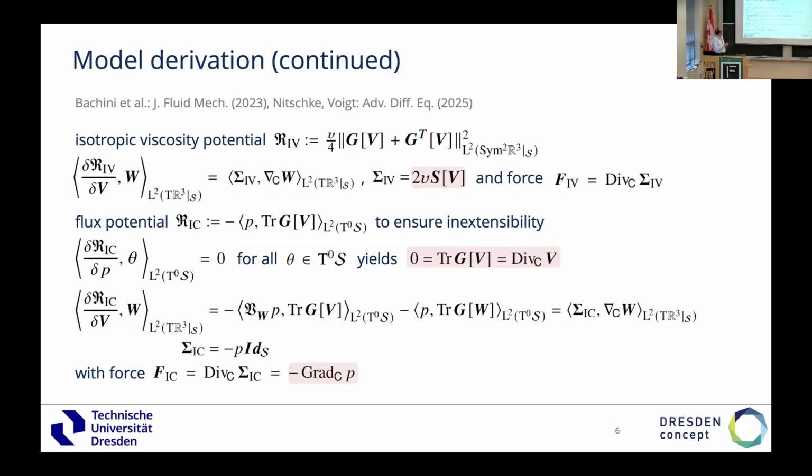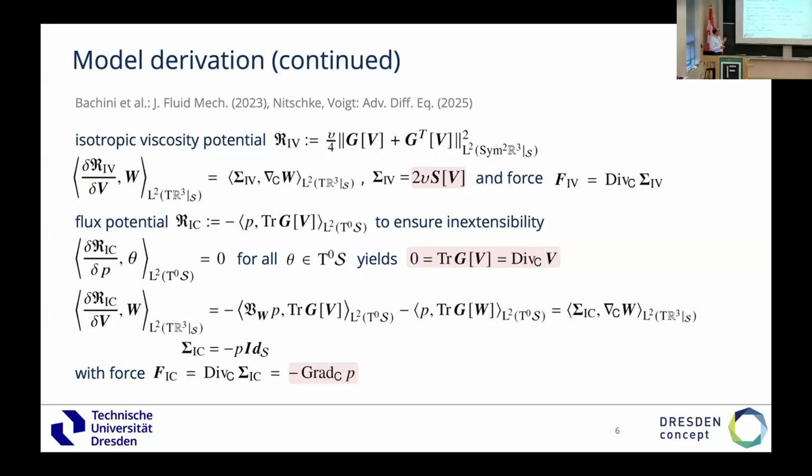So nu is the viscosity of our surface fluid, and here we have the tangential gradient deformation. We have to compute now the variation with respect to the process variables, the velocity in our case, do the computation, get again some stress field, and get the force as the surface divergence of the stress field.